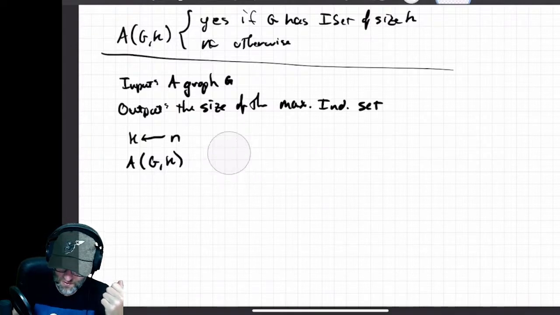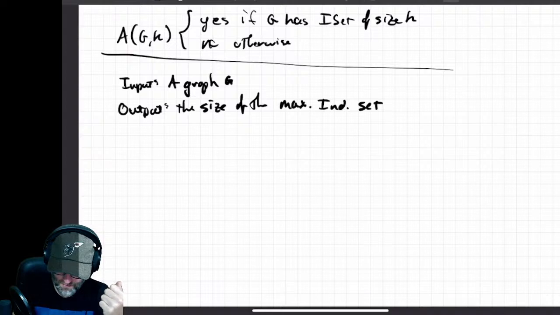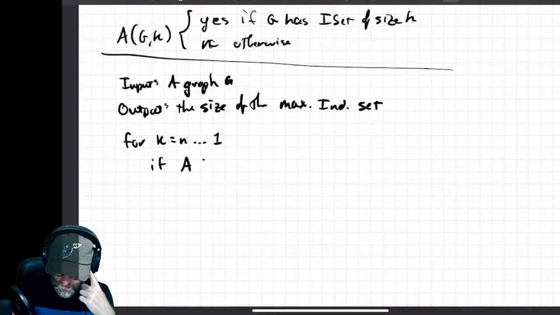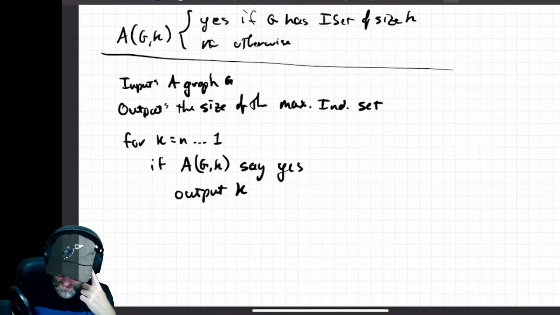And that tells you that you should be running just a simple for loop. For K running from n down to 1, now the trivial independent set is going to be a single vertex here. If A of G, K says yes, then output K, the size of the maximum independent set.